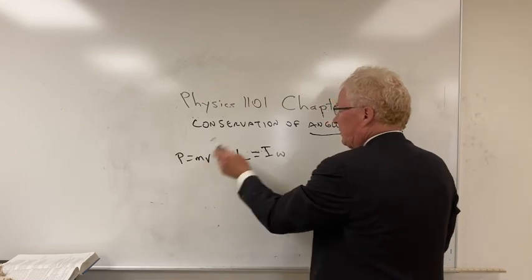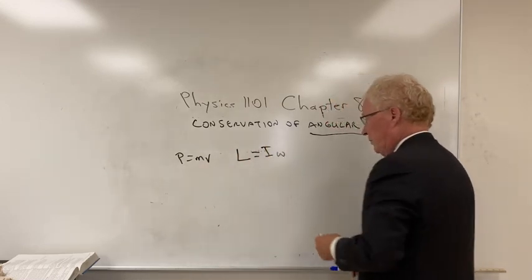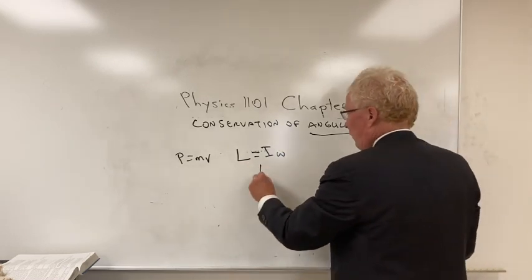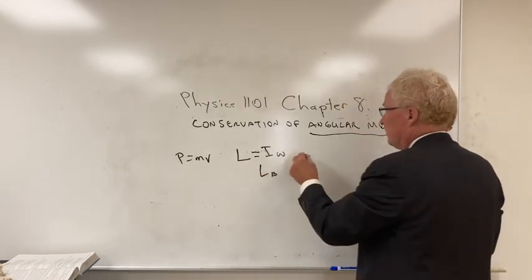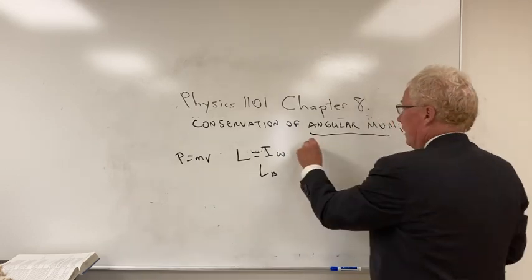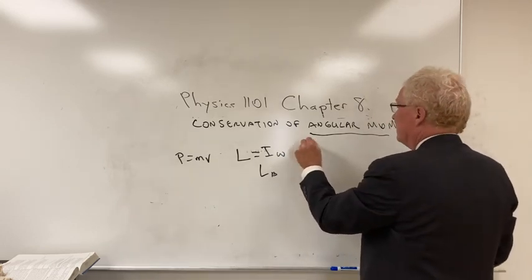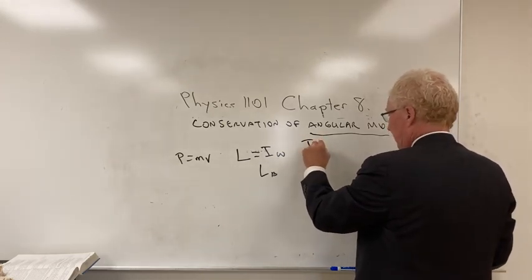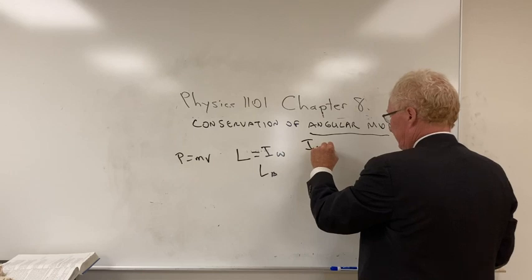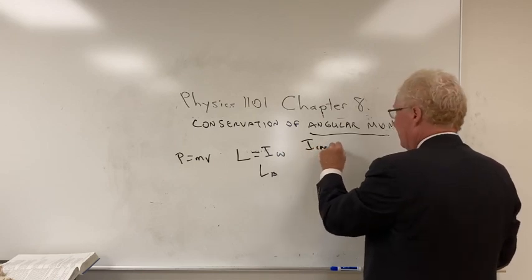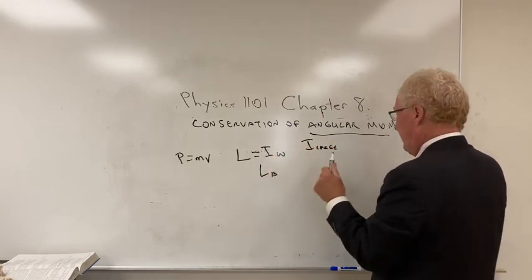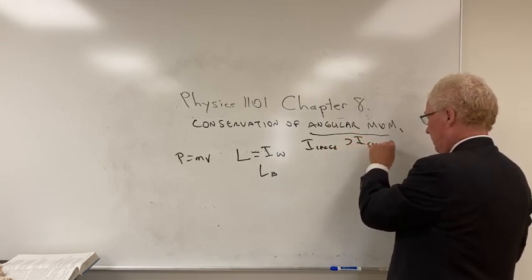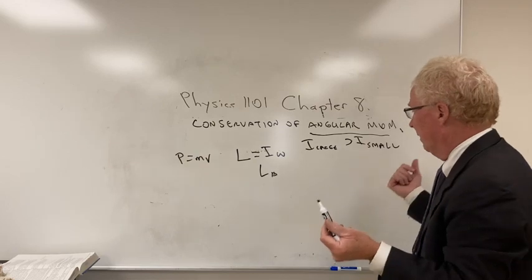So I is equivalent to m, and omega is equivalent to v. We have angular momentum L. So if I have my arms out, I is large, and I pull them in, I is small. I'm going to just compare.